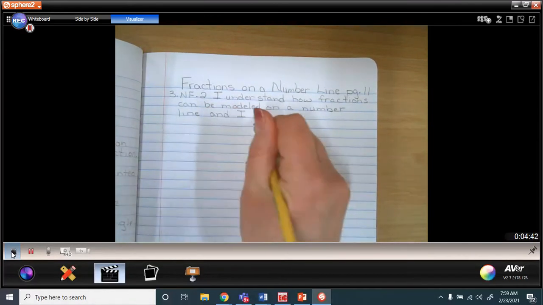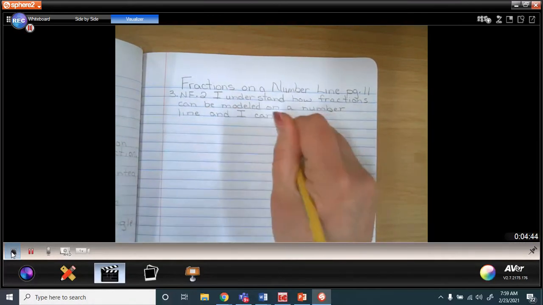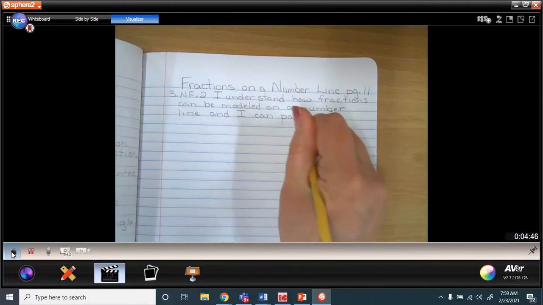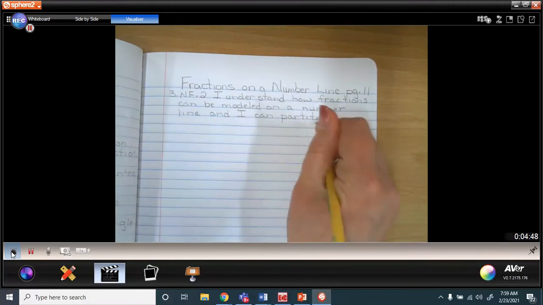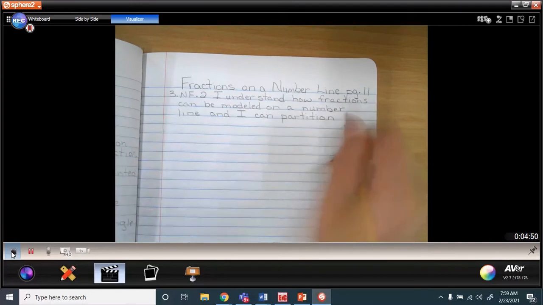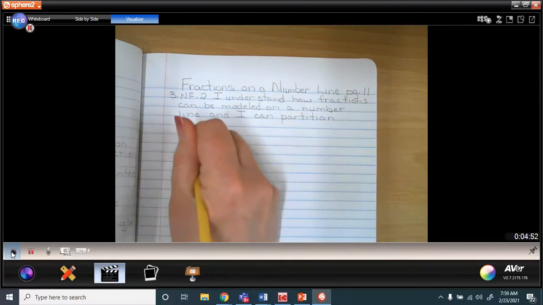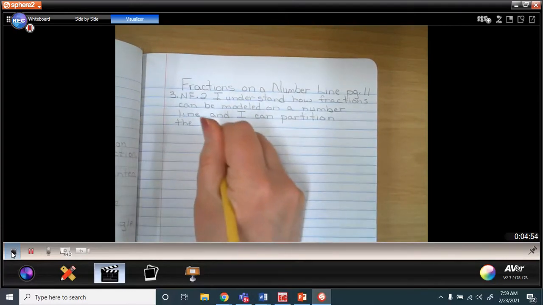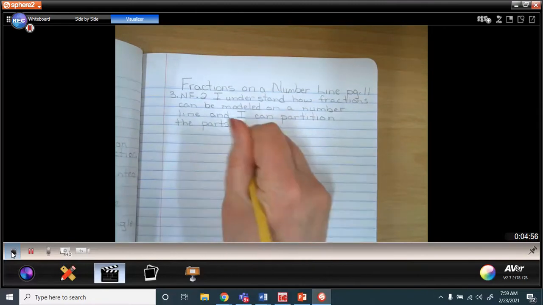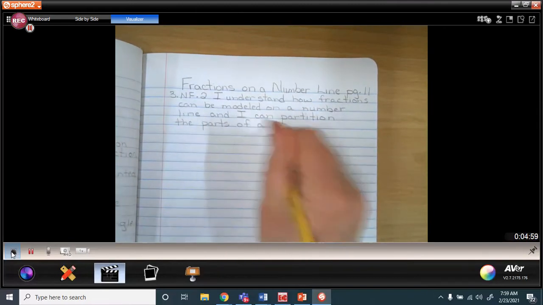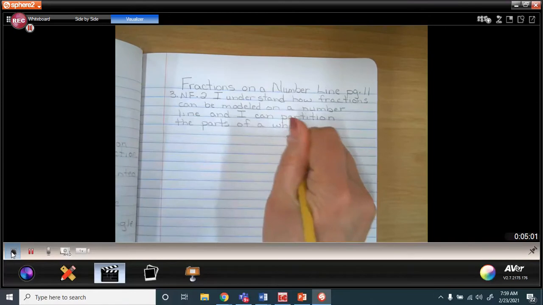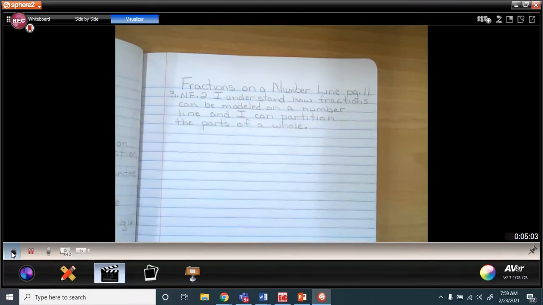I can partition the parts of the whole. So you should be able to partition the parts of a whole based on a number line.